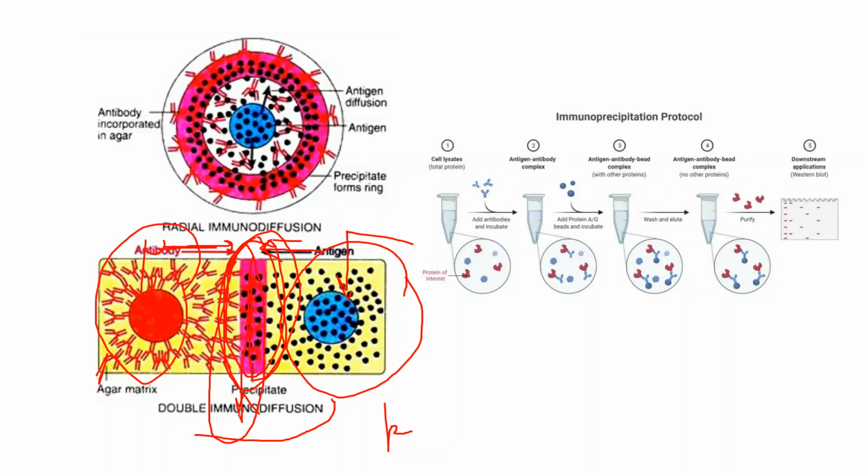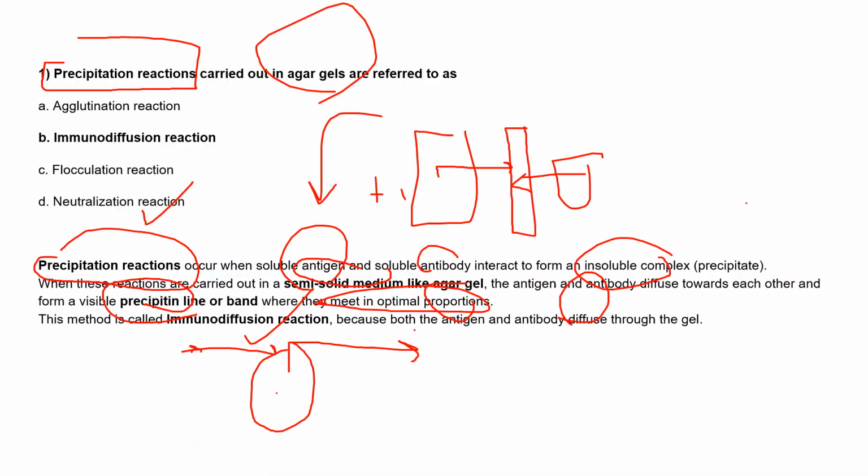This process we call double immunodiffusion. This is the protocol for immunoprecipitation, how people do it. So you were right that the immunodiffusion reaction is the right answer: precipitation reaction carried out in agar gel is referred to as immunodiffusion reaction.